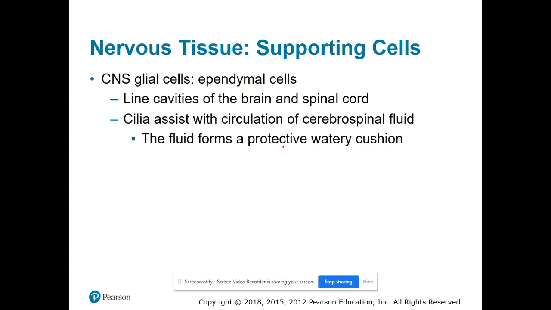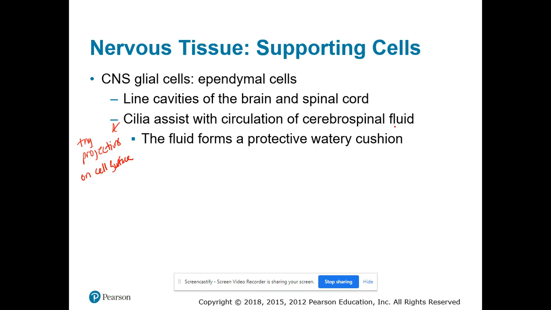The third type is ependymal cells. These cells line the brain and spinal cord cavities, and they have cilia on them, which are tiny projections on the cell surface. And they help circulate something called cerebrospinal fluid.